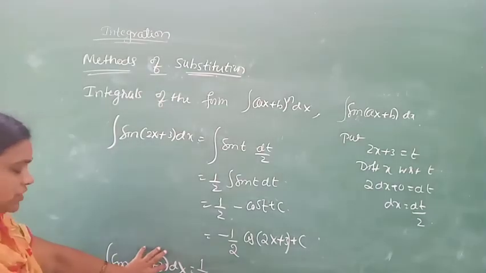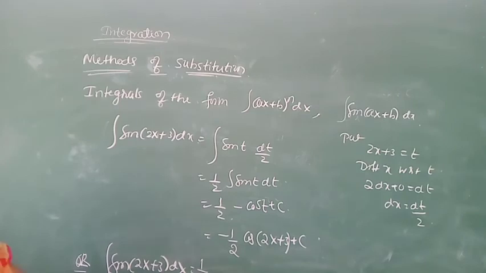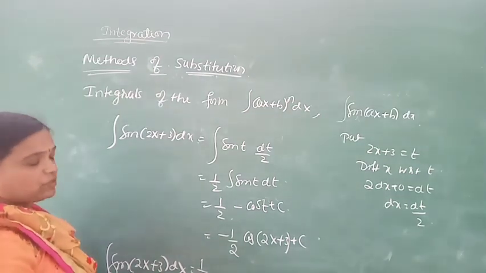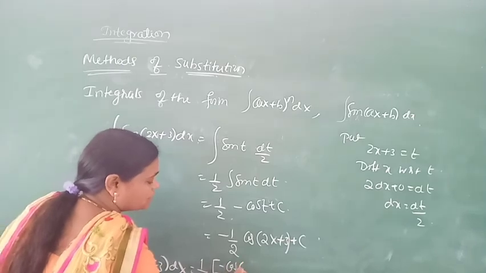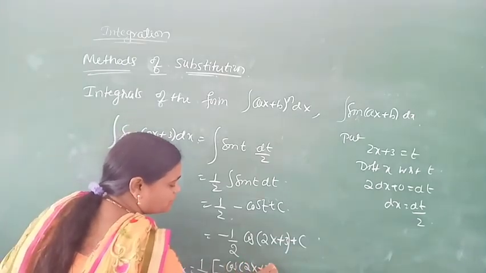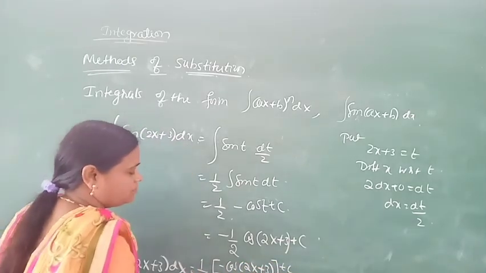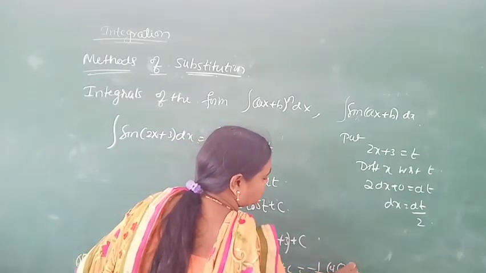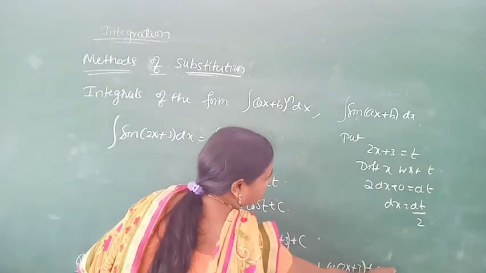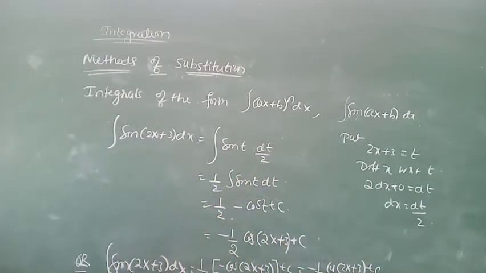And this whole thing you consider as t, sin t. We know that integration of sine is minus cos. We can write directly minus 1 by 2 cos of 2x plus 3 plus c. Instead of doing this lengthy process, we can do it like that.